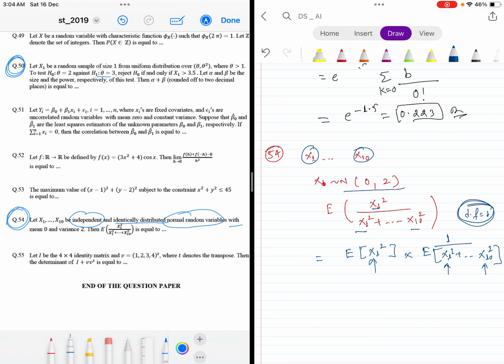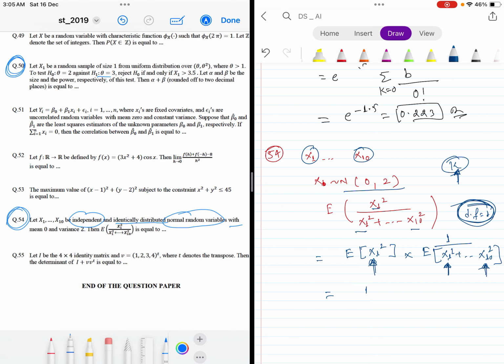What's the mean of the chi-square distribution? It is k, where k is the degree of freedom. If the degree of freedom is 2, then the mean will also be 2. If it is 4, then it will be 4. So in this case, if each individual one is a chi-square distribution with degree of freedom 1, then we can find the expected value of all these.